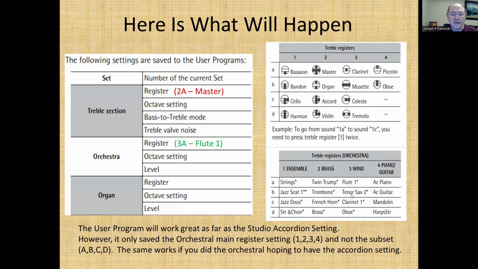If I wanted, for example, the tenor sax, or as my viewer wanted, he likes the clarinet, you're going to have to put the clarinet in one of the A positions. So you simply have to edit a user set. So you edit the accordion to what you want. You edit the user set. When you put that up, you can actually put whatever you want.